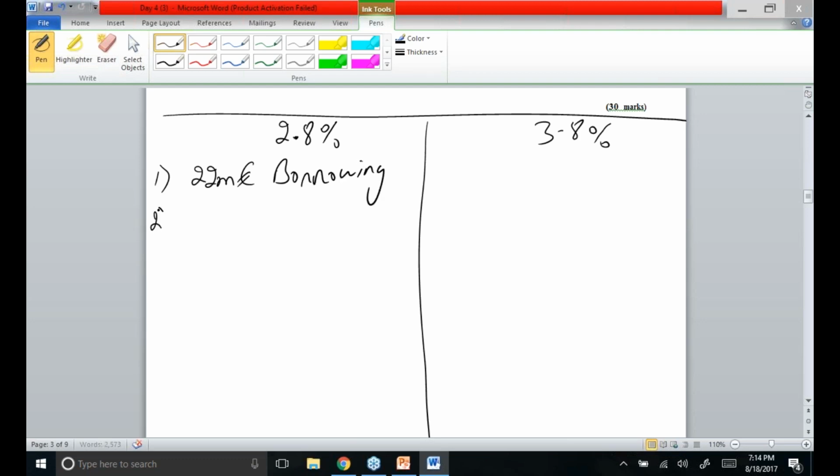Second step will be decide whether you are going to buy call or put option. Because it is a case of borrowing, it is a case of paying interest, so we will choose the put option. Third step is to decide the settlement date, and the settlement date is of June.